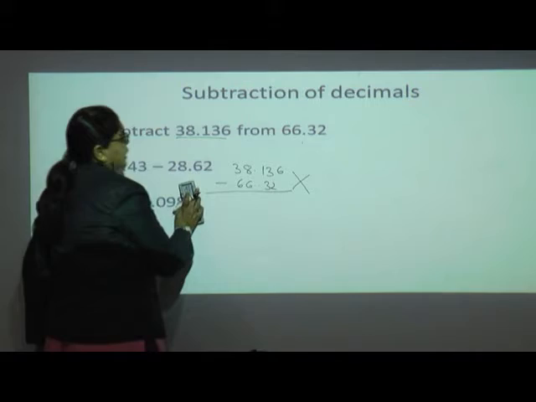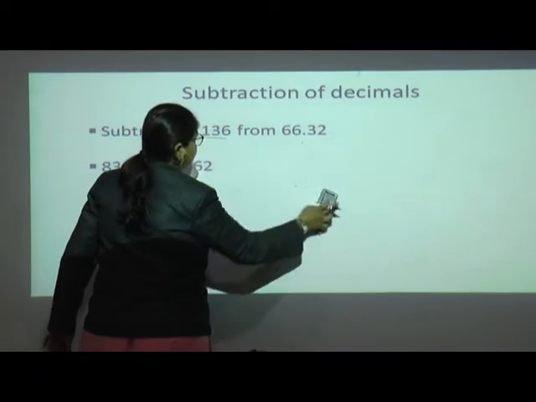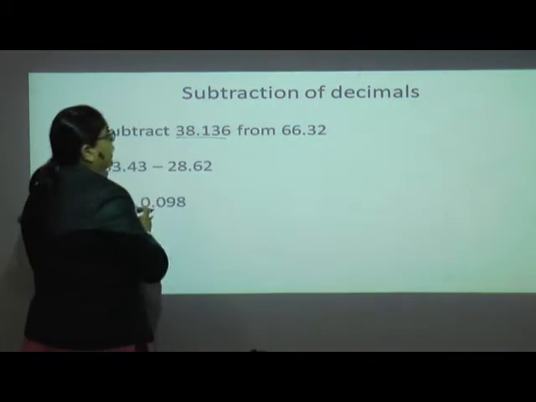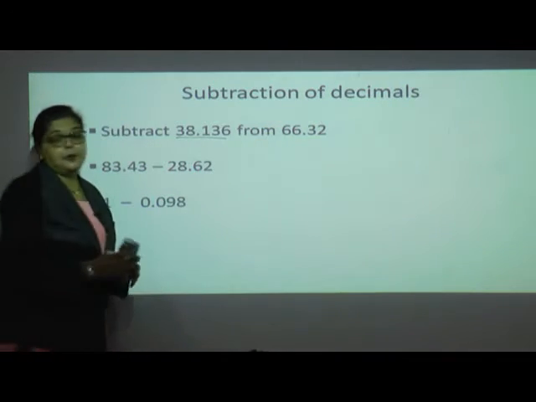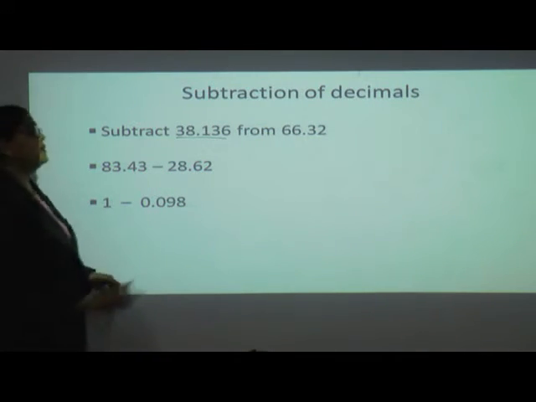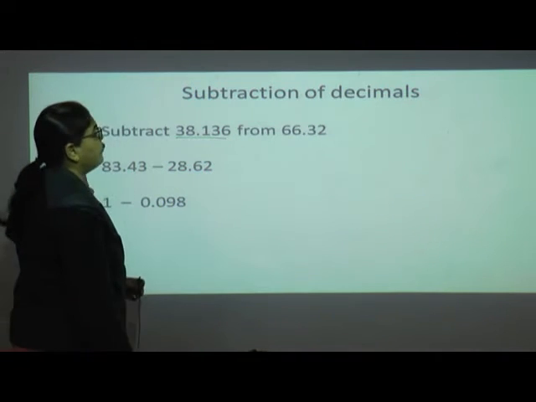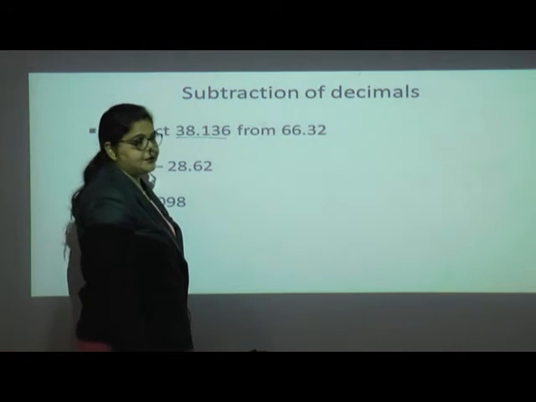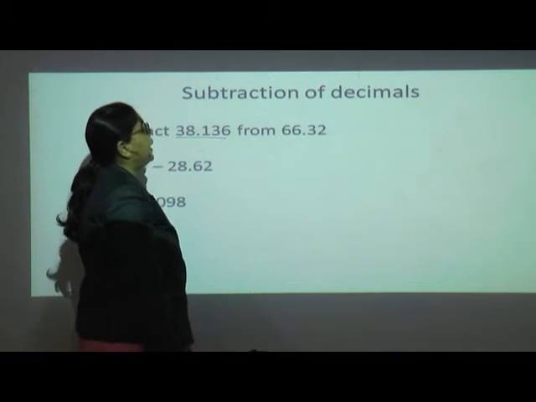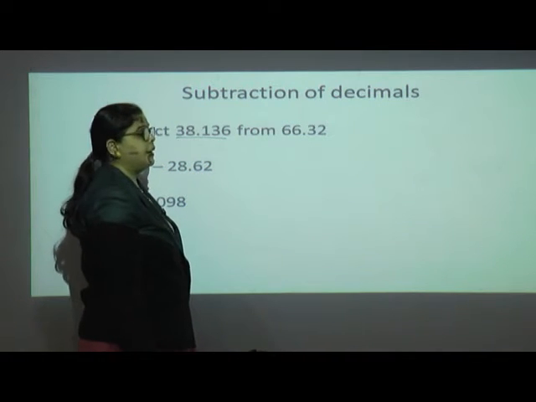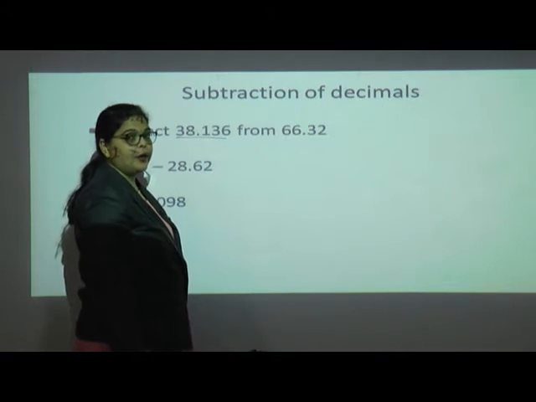So the mistake your students make is what I showed you; we have to take away 38.136 from 66. A simple example: if you have 66 chocolates and I say that I want 38 chocolates, can you give me?